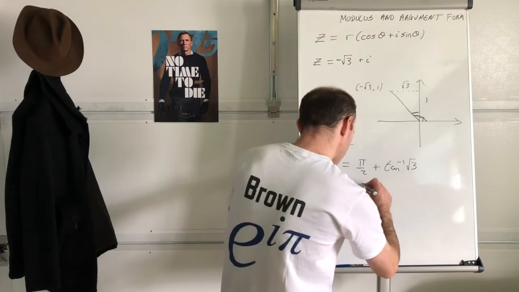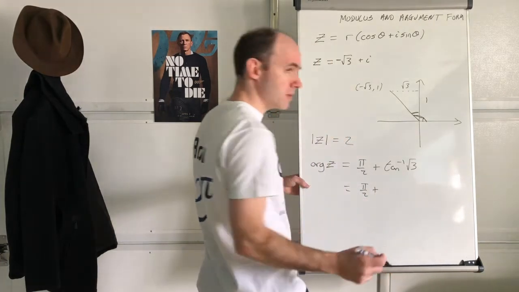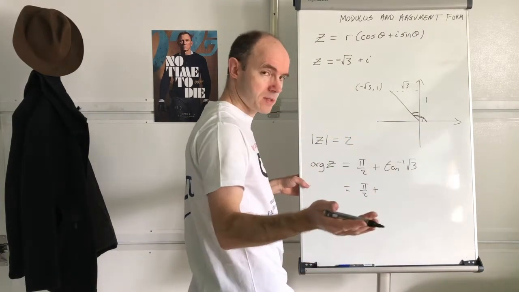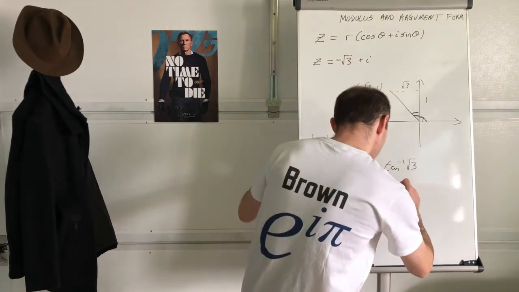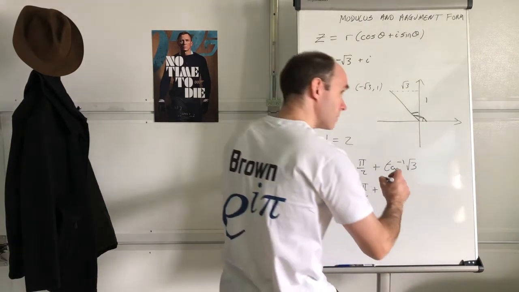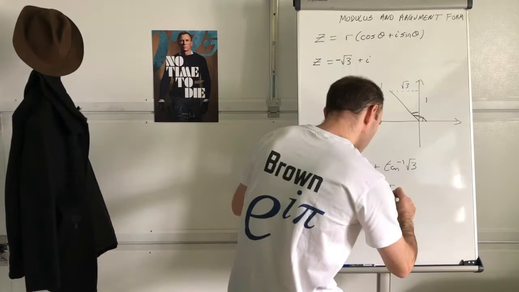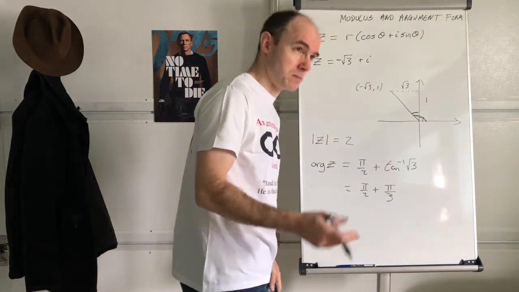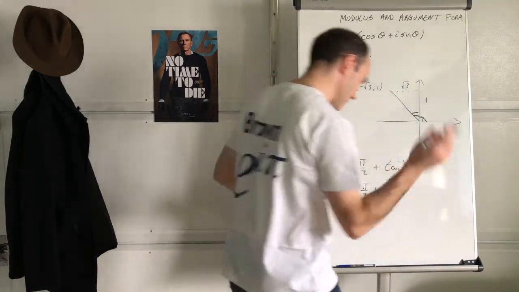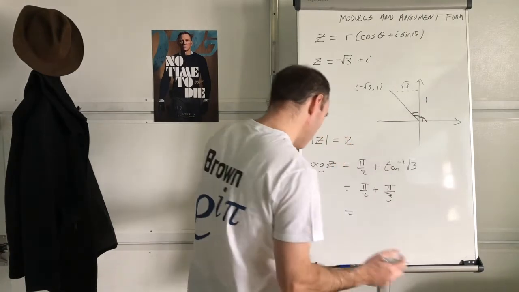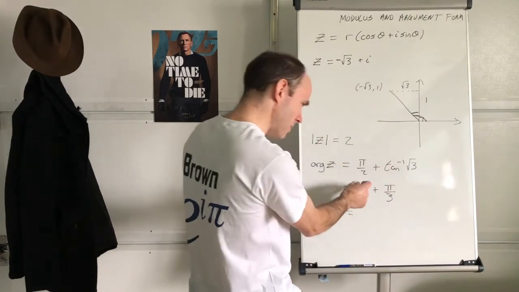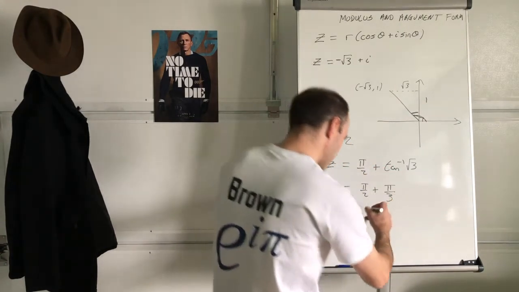Inverse tan of root 3, pi over 6, yeah. No, pi over 3. Inverse tan of 1 over root 3 is pi over 6, isn't it? So it's going to be pi over 3. Sorry for that, no harm done. And then this plus this, so 3 pi over 6 plus 2 pi over 6, 5 pi over 6.